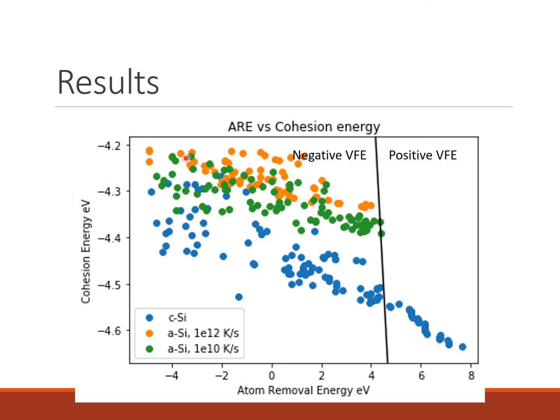Now, what we're interested in is the vacancy formation energy. As you recall, vacancy formation energy is related to the relationship between the cohesion energy and the atom removal energy. There are various definitions of vacancy formation energy depending on where we think the atom is going.